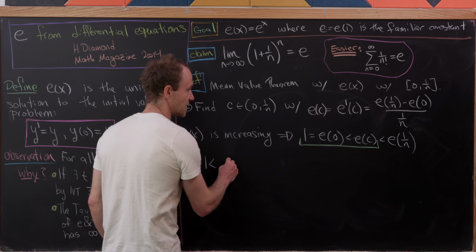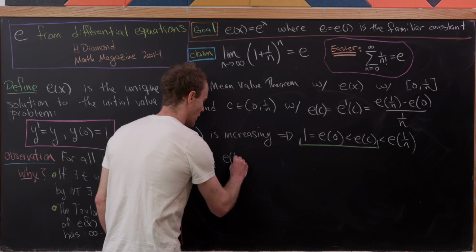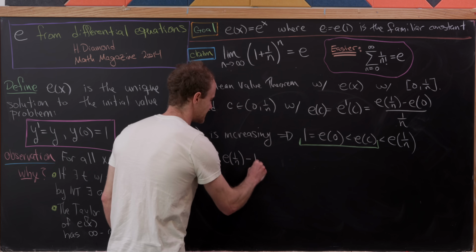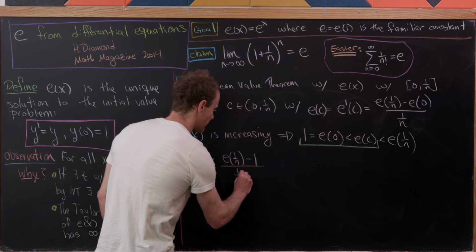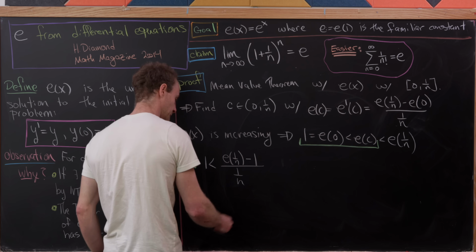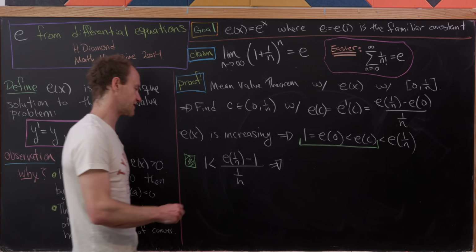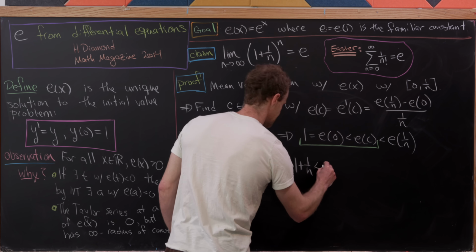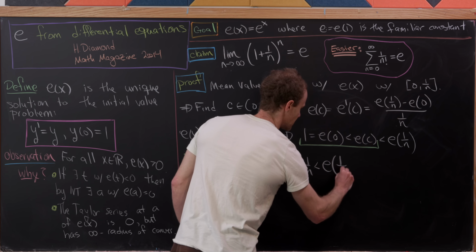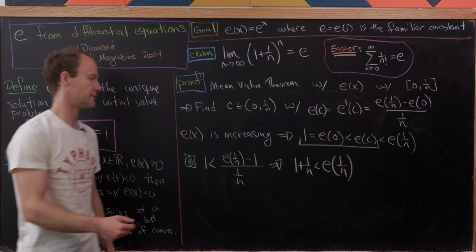So this is going to be less than E of 1 over n minus E of 0, which we know is 1, over 1 over n. From there, it's pretty easy to move some things around, and we'll have 1 plus 1 over n is less than e to the 1 over n.